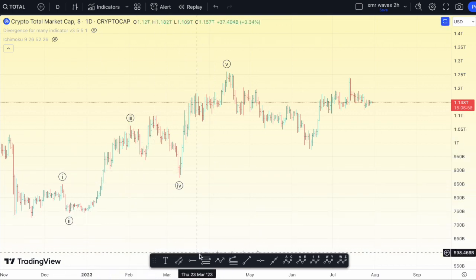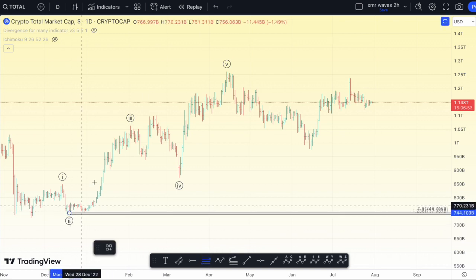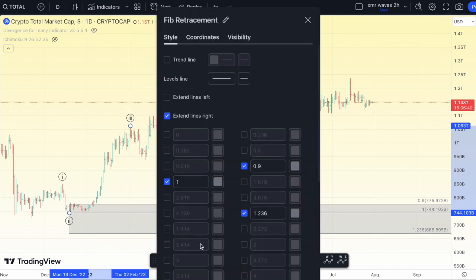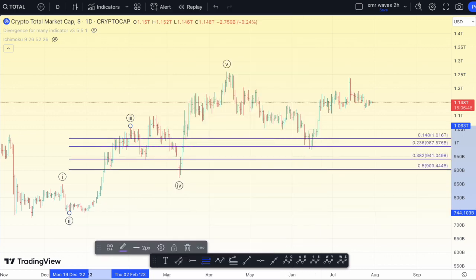Another way to check this is we can draw a retracement fib level within waves 2 and 3, and wave 4 targets couldn't go below a 0.5, and yes, it never closed the daily candle below that. So yes, this can be our wave 4.